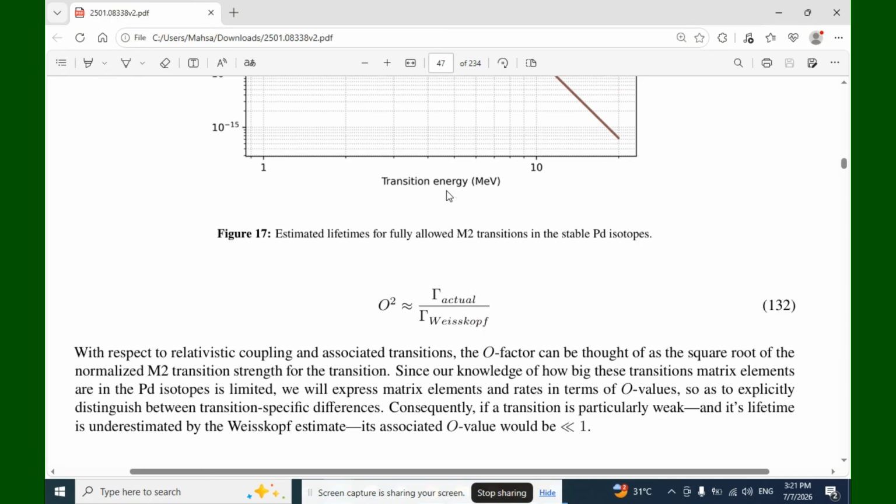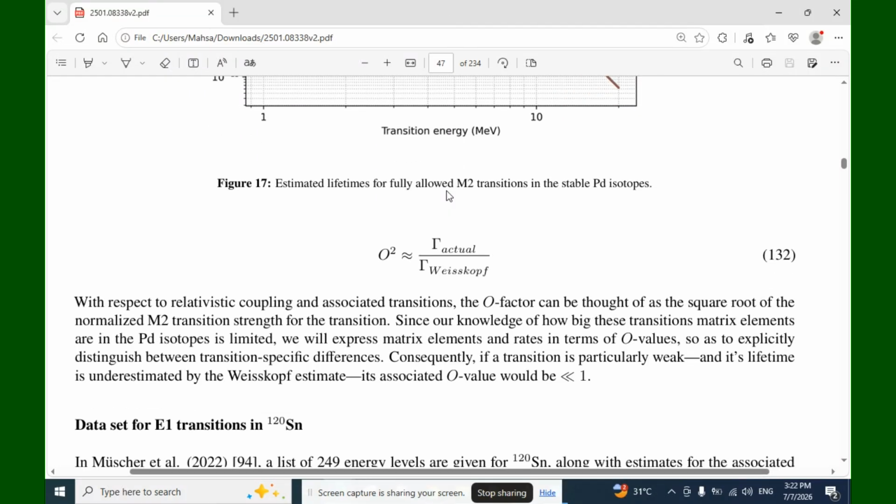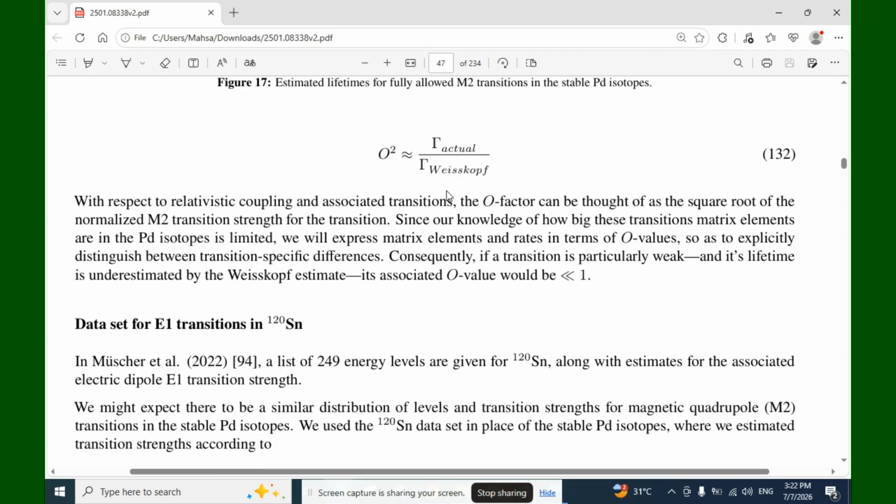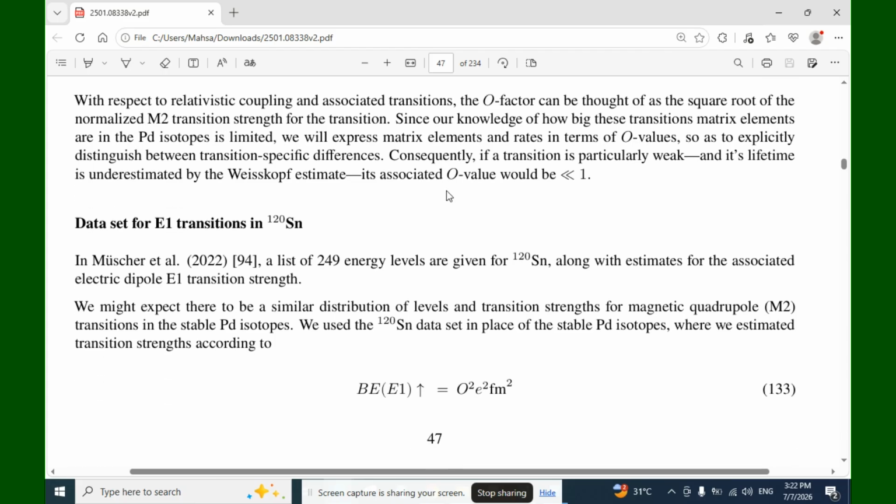With respect to relativistic coupling and associated transitions, the omicron factor can be thought of as the square root of the normalized M2 transition rate for the transition. Since our knowledge of how big these transition matrix elements are in the palladium isotopes is limited, we will express matrix elements and rates in terms of omicron values so as to explicitly distinguish between transition-specific differences. Consequently, if a transition is particularly big and its lifetime is underestimated by the Weisskopf estimate, its associated omicron value would be less than 1.